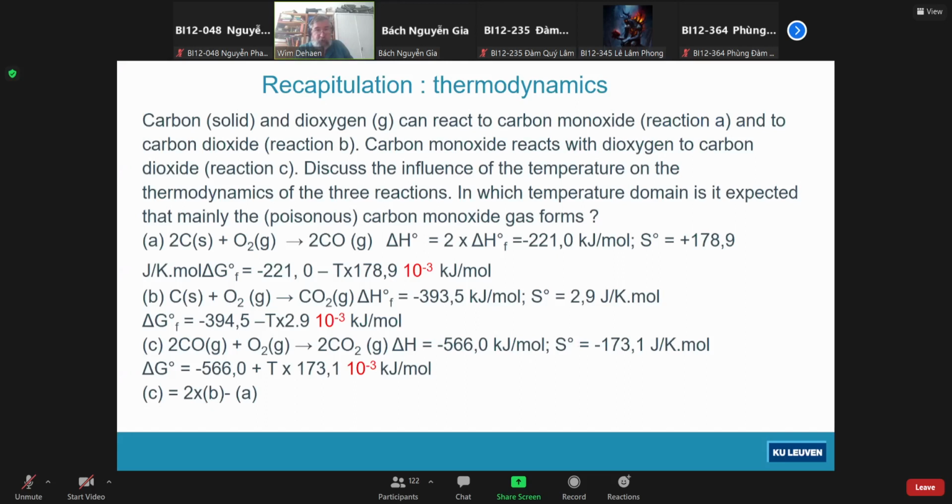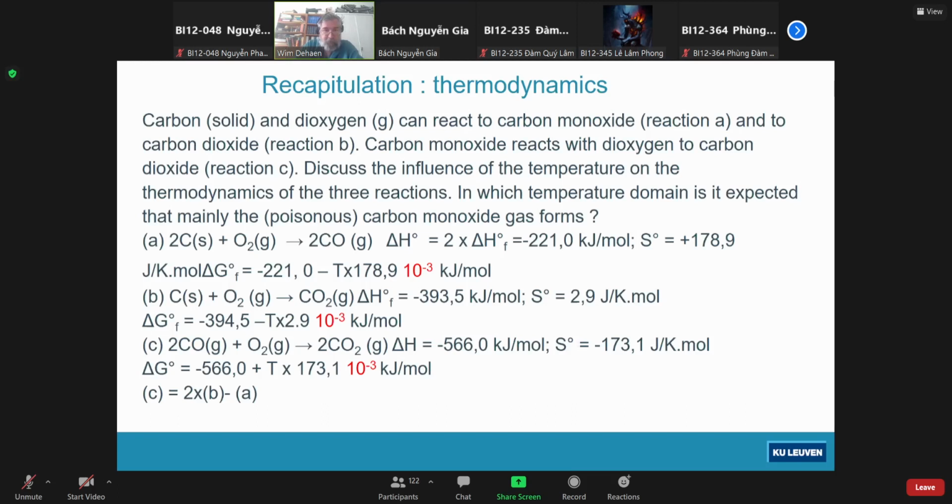And in the same way as before, we can calculate the enthalpy, entropy changes, and also the free energies, if you want, at several temperatures. So, for the energy of formation of the first reaction, we can see that it's a negative enthalpy and it's a positive entropy change.